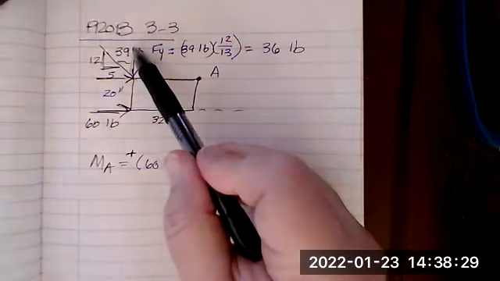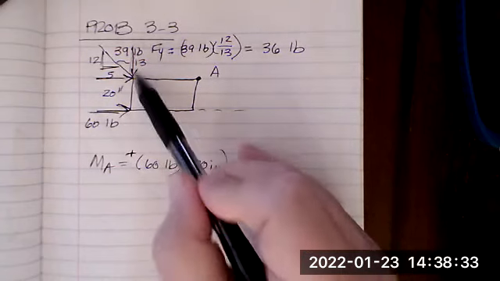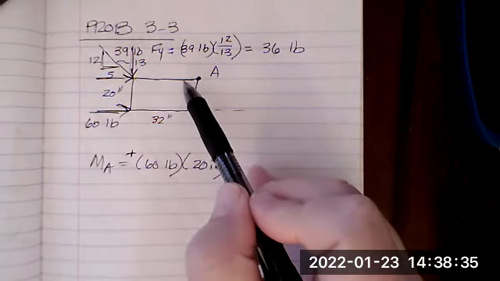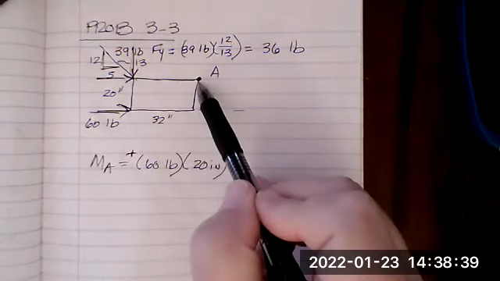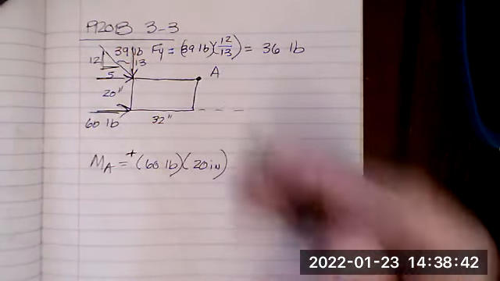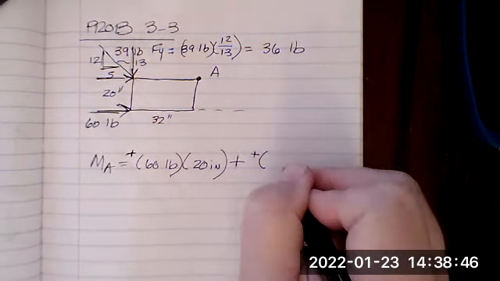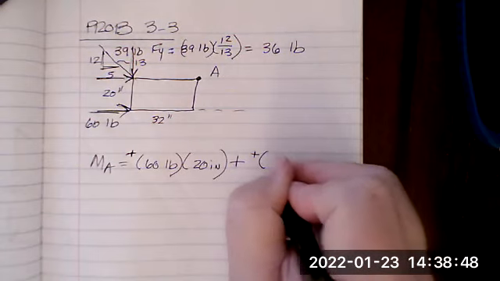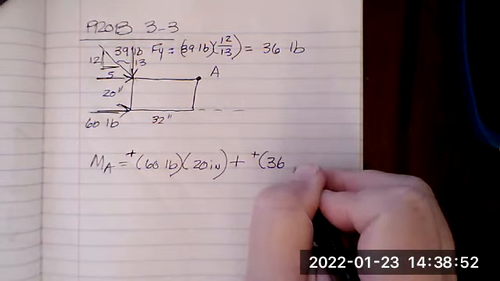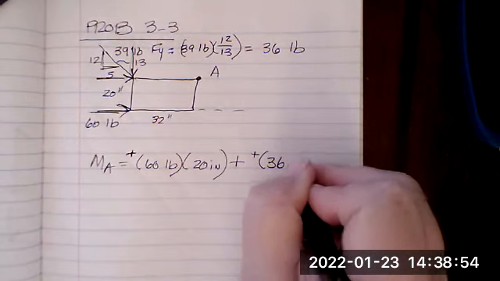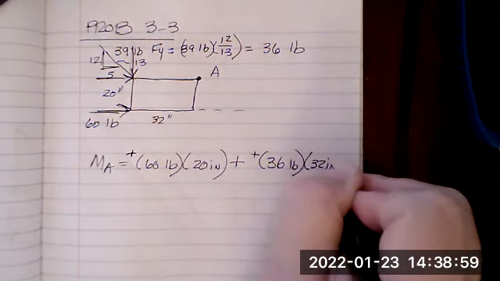And it's also causing a counterclockwise rotation. Remember, counterclockwise is positive. So both of these forces are causing a counterclockwise rotation. So I'm going to put a little positive sign here. It's going to equal 36 pounds times 32 inches.